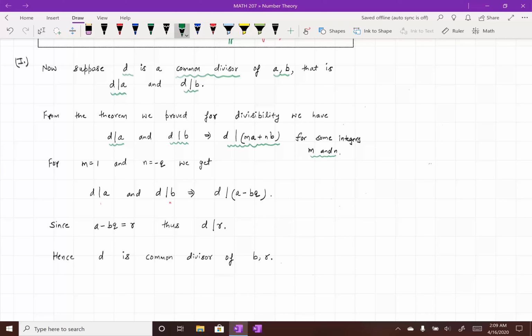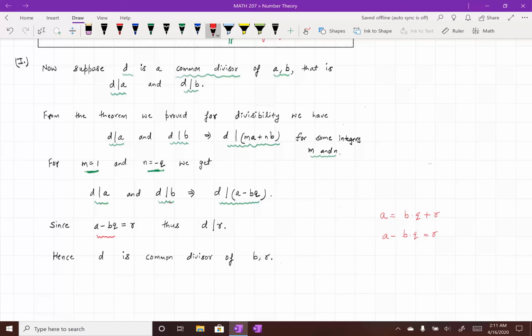Now if you put the value of m equal to 1 here and n equal to minus q here, then you can make a statement that D divides A and D divides B implies that D divides A minus B times Q. From the statement of this lemma, we know that A is equal to B times Q plus R. So we can write that A minus B times Q is equal to R.